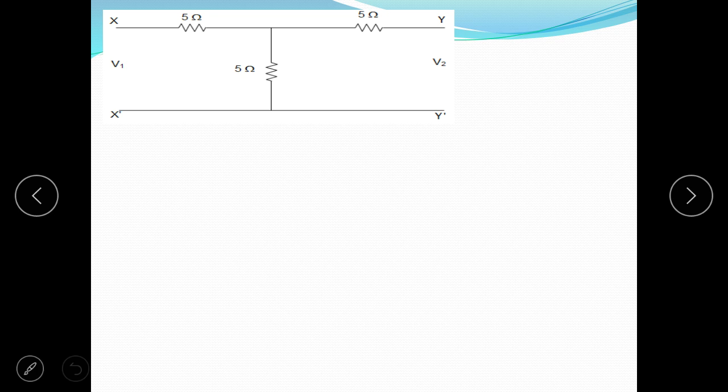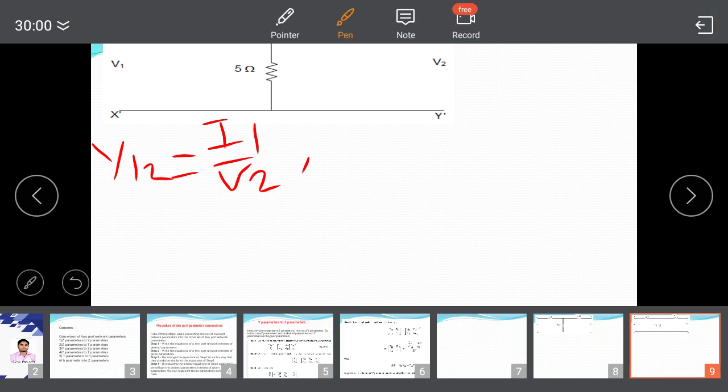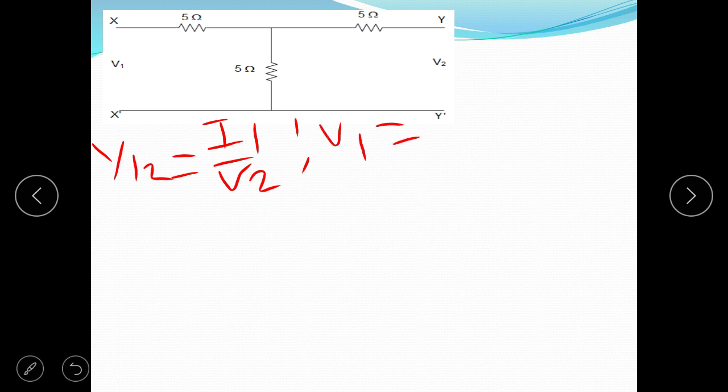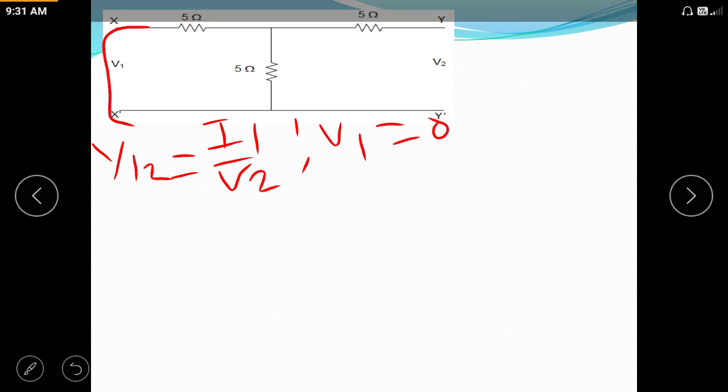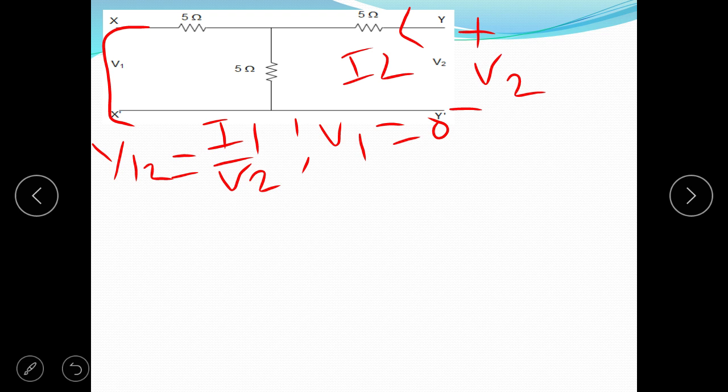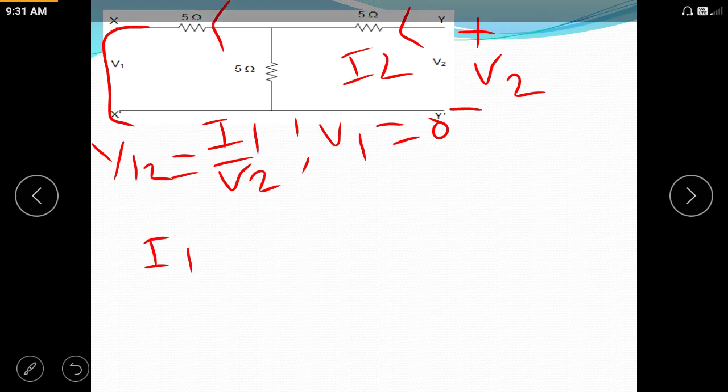Now the next parameter is Y12, and the value of Y12 is I1 upon V2 when V1 is equal to 0. Now we short the terminals of port 1, and at port 2 we consider voltage V2 and current I2. Now I1 is in port 1.